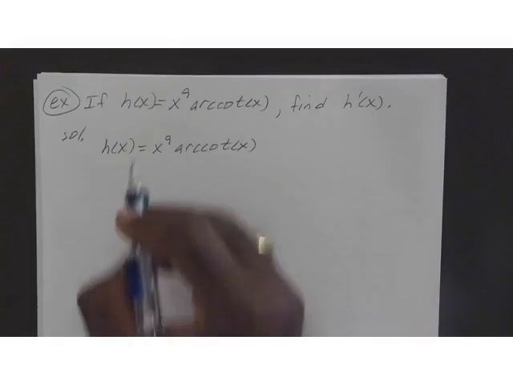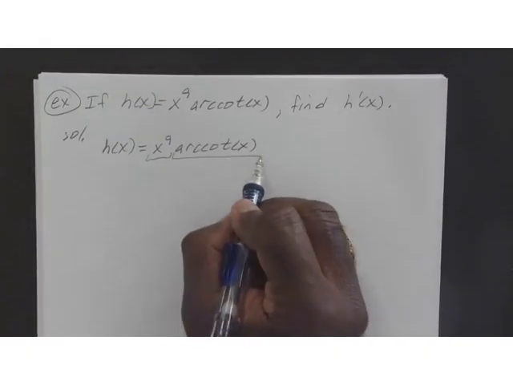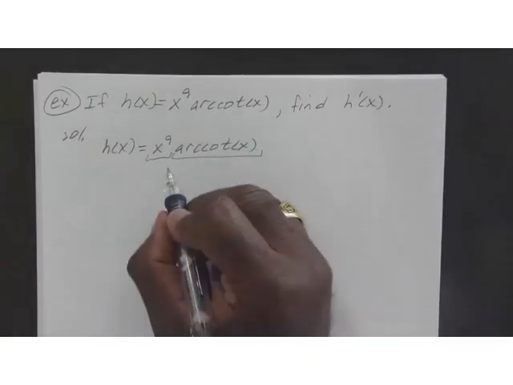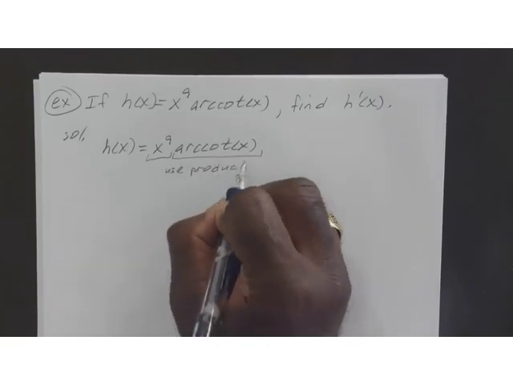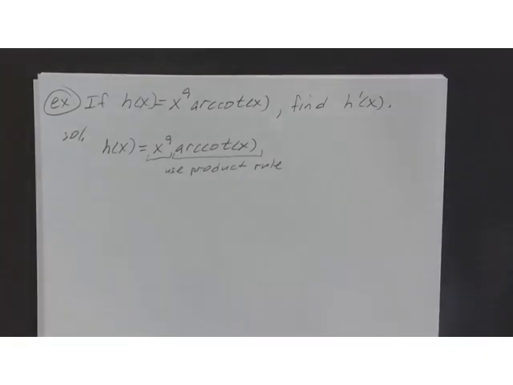Okay. Once again, notice that you have two functions being multiplied, and you're looking for the derivative. So in this case, we're going to use the product rule for derivatives.